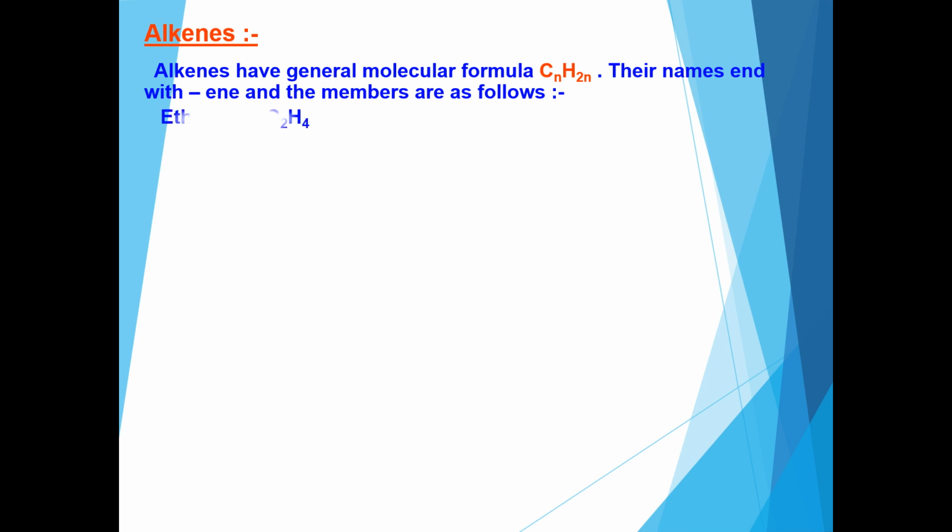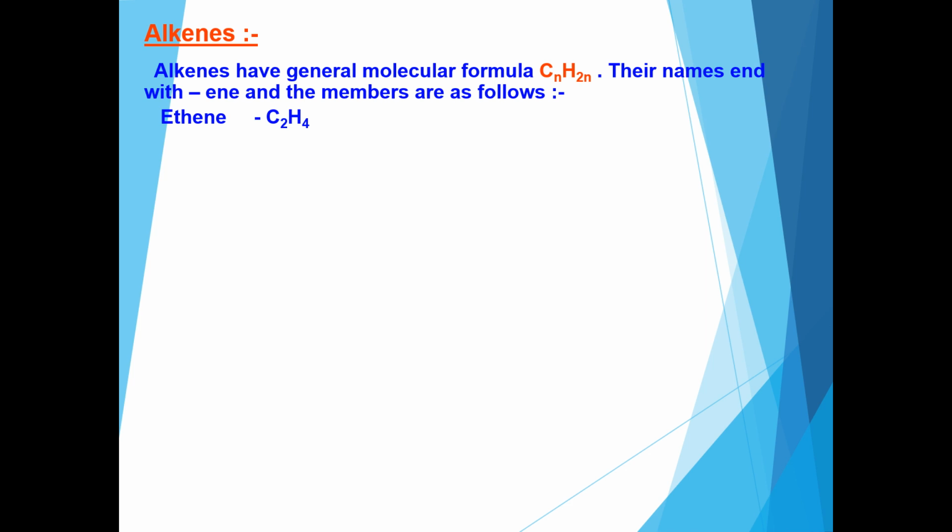Let's now talk about alkenes. Alkenes, as I already told you, end with the suffix "ene", and alkenes are having general formula CnH2n, where again n is the number of carbon atoms. If we take the n value equals to 1, the first member with n equals to 1 does not exist.